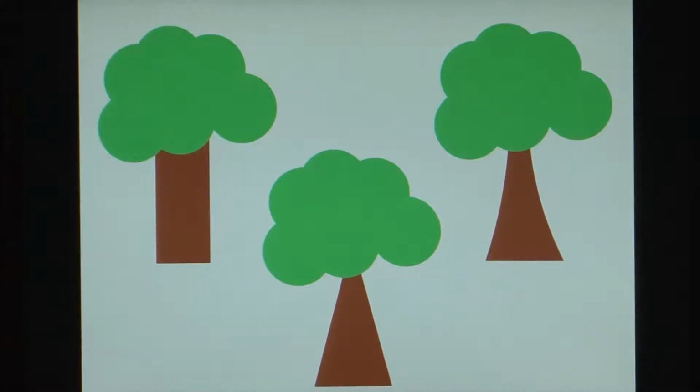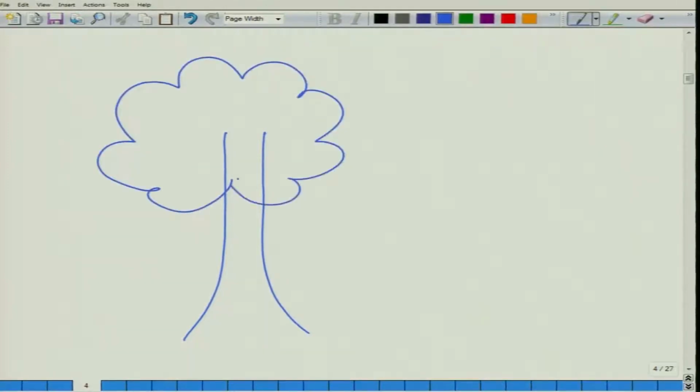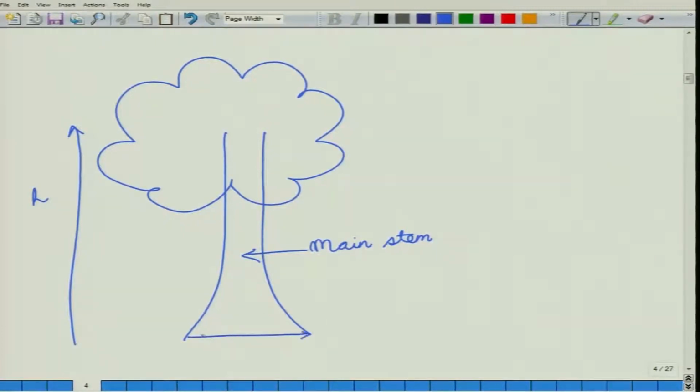Suppose you have a tree and this portion is the main stem. If we plot with height h, what are the various diameters? Here we have a diameter D0 at the bottom, then at height h1 a diameter of D1, at height h2 a diameter of D2 and so on.